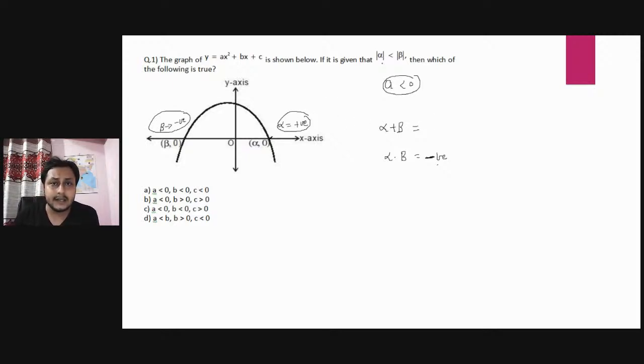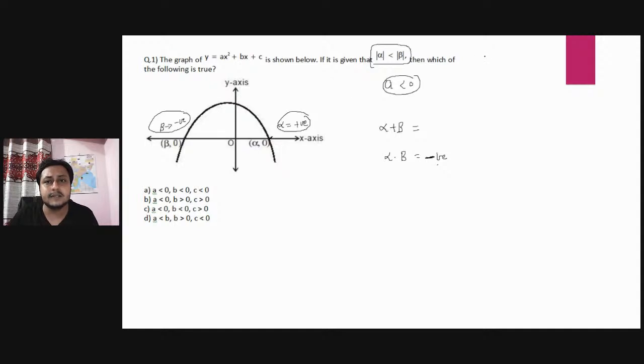Now come to the sum of the roots. It is given that magnitude of alpha is less than magnitude of beta, which means the positive root's magnitude is less than the magnitude of the negative root.